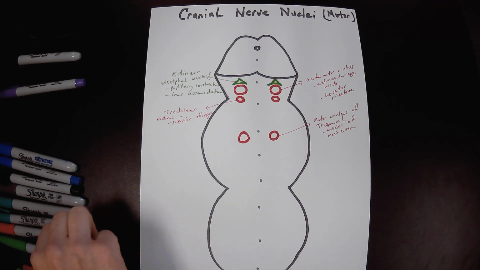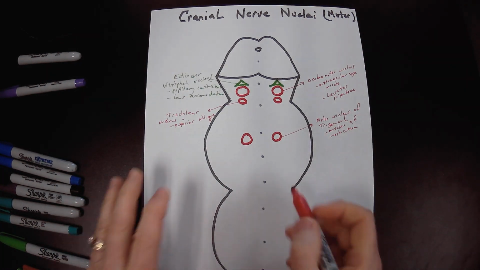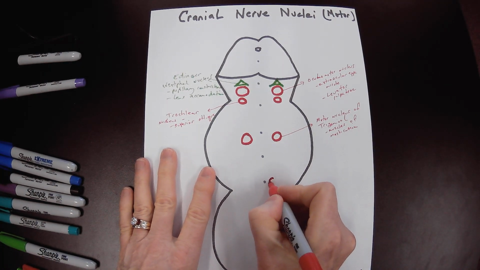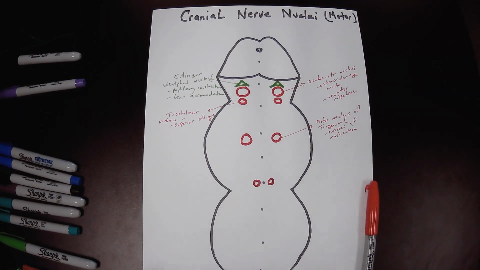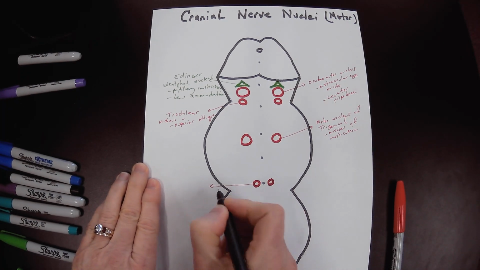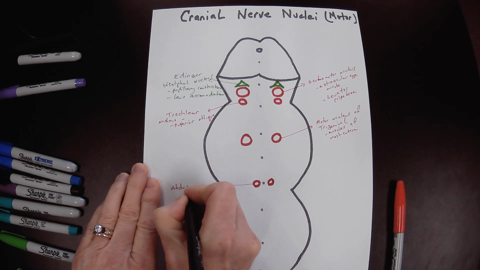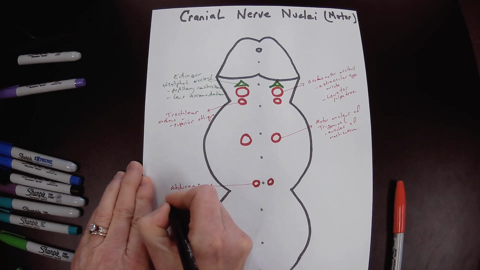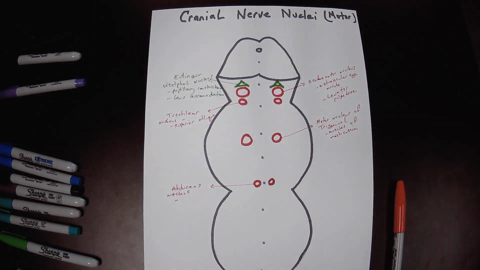Cranial nerve number 6, again, 5 and then 6 you come medial. So associated with cranial nerve number 6, you have the abducens nucleus. And the abducens nucleus has one job in life.